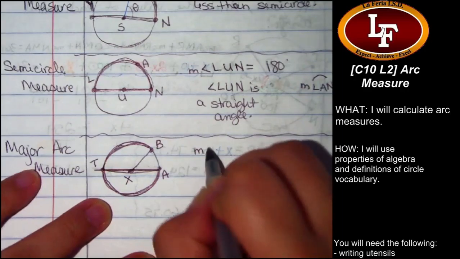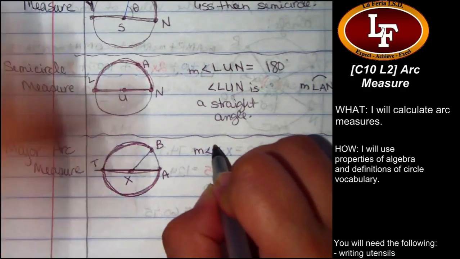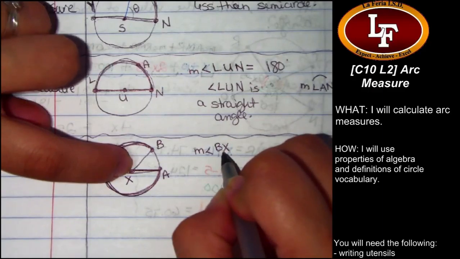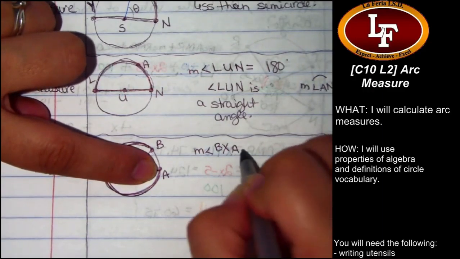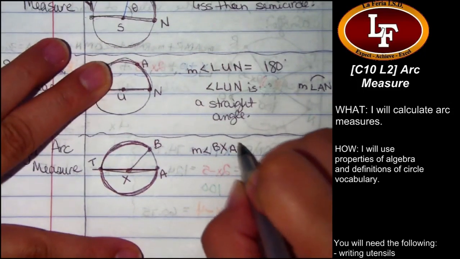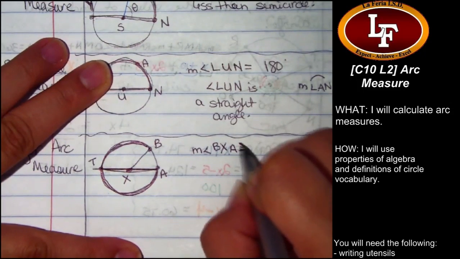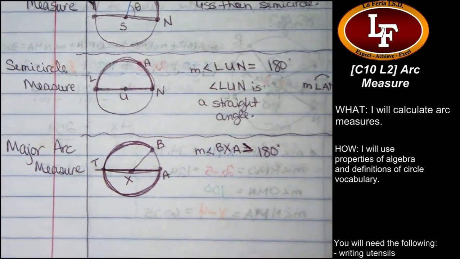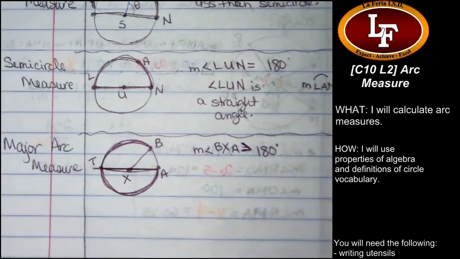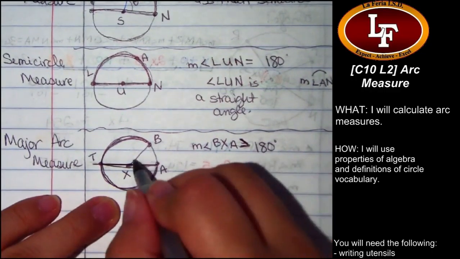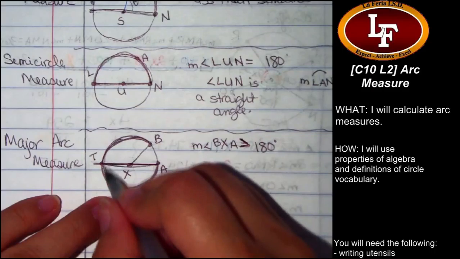That measure of that angle going to vertex X, coming out to vertex A, is that odd angle. That angle is greater than 180 degrees. That was that reflex angle that we talked about way at the beginning of the year. They're coming back now at this angle right here.